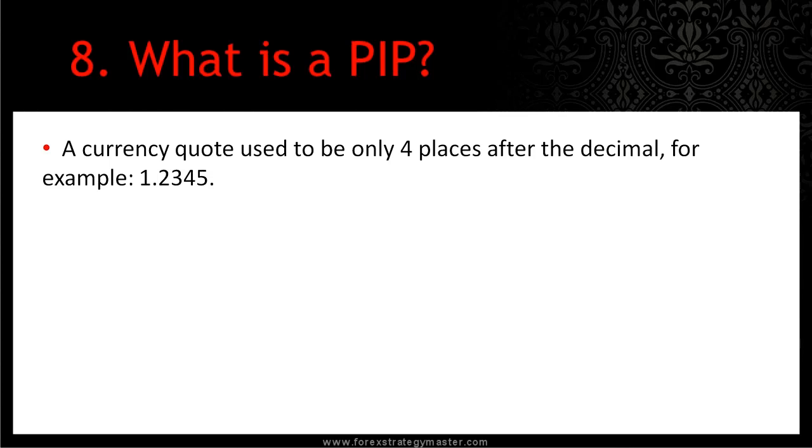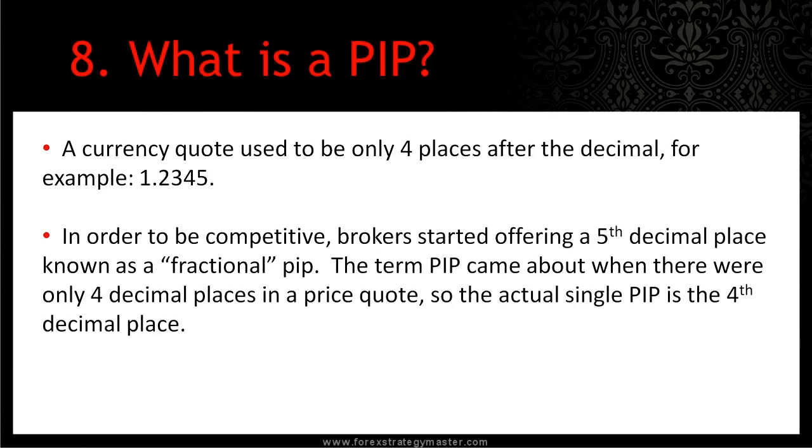A currency quote used to be only 4 places after the decimal. For example, 1.2345. Now, in order to be competitive, brokers started offering a 5th decimal place, and this is known as a fractional PIP. The term PIP came about when there were only 4 decimal places in a price quote. So the actual single PIP is the 4th decimal place.